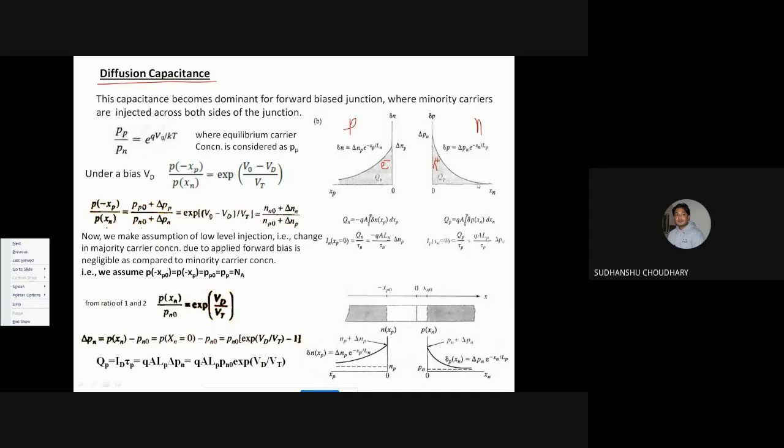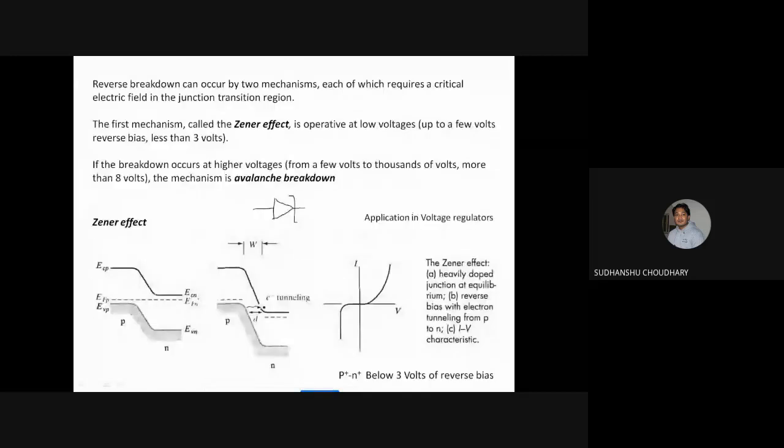The shaded region corresponds to the minority carriers in the N side, which are holes, and the minority carriers on the P side, which are electrons. This we had seen and also calculated some time back. I can go back and show you where we calculated the minority carrier concentration.